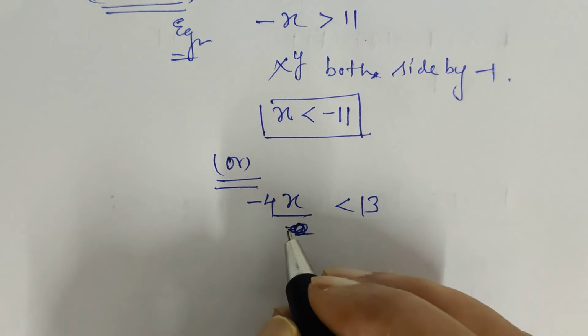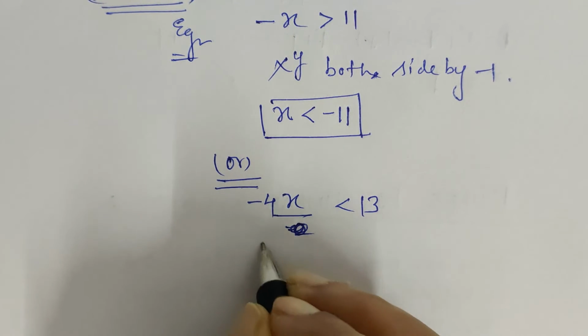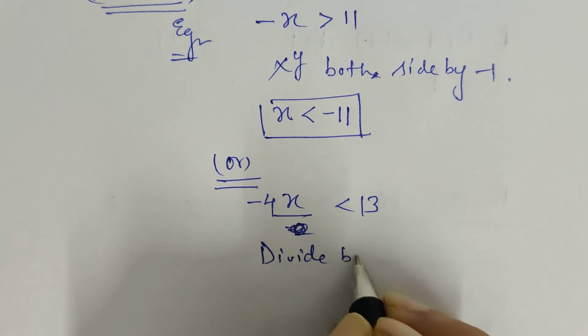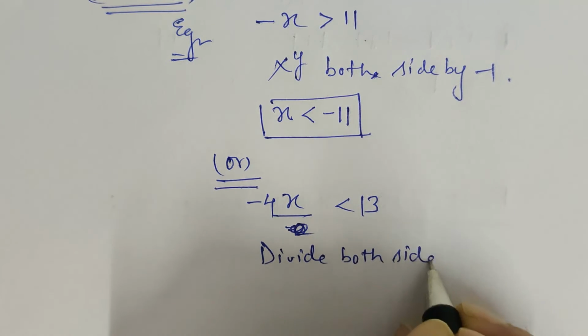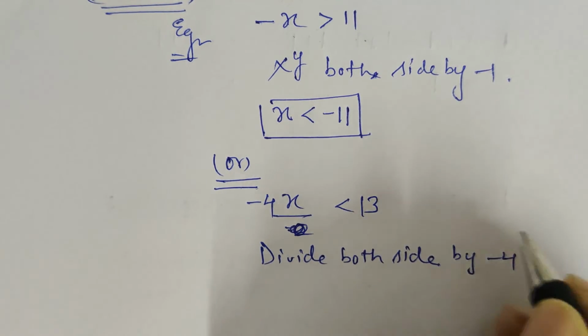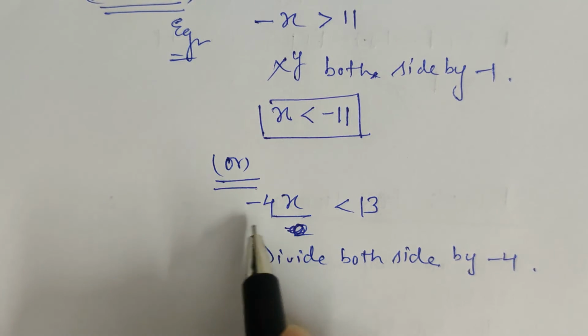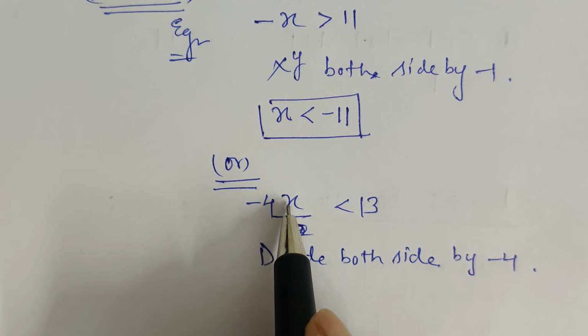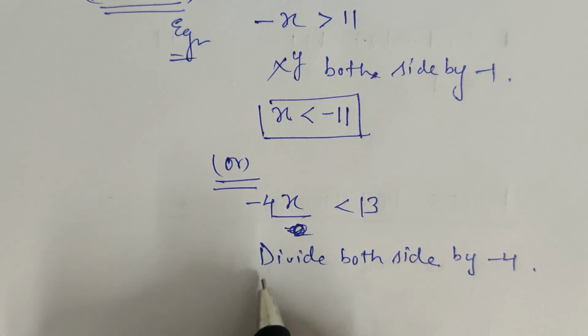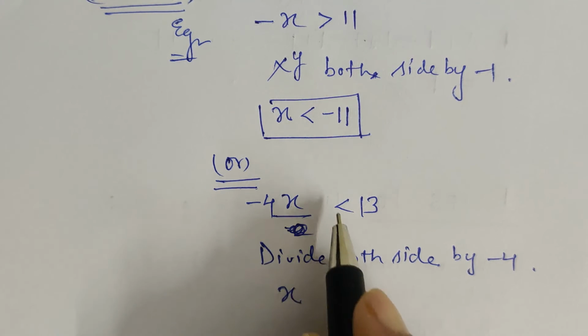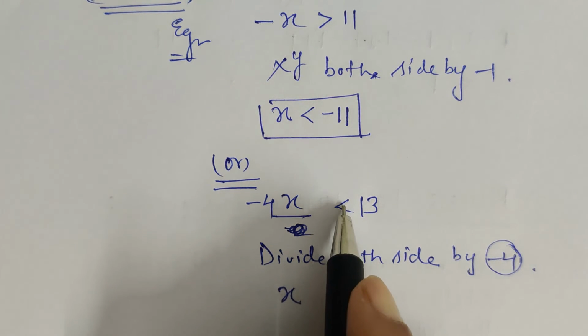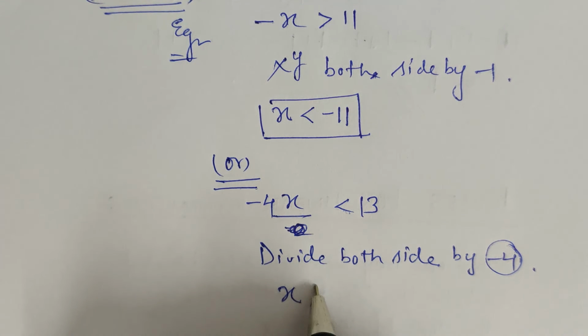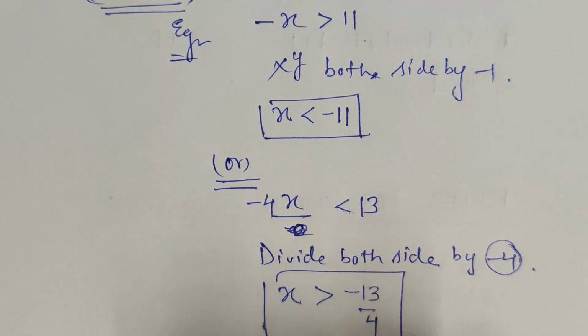So at a time I want to divide both sides by -4, right? By a negative number I am dividing, so that I can make the coefficient of x 1. So by doing so it will be x, but since the number is negative, this inequality will get reversed, that is now it will become greater than -13 upon 4. So this is how the rule of inequality works.